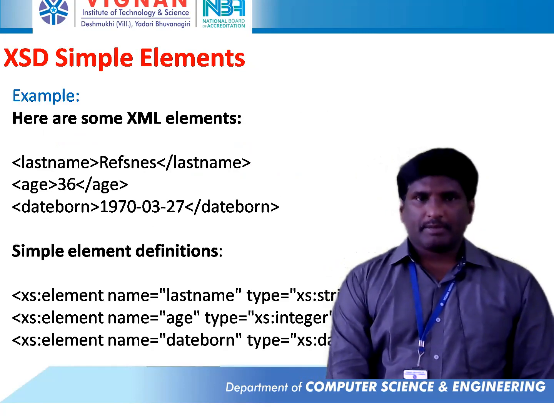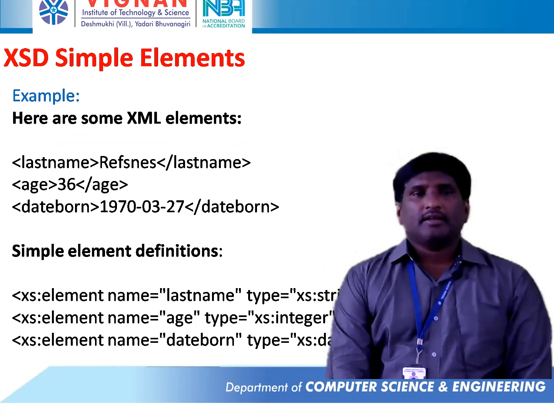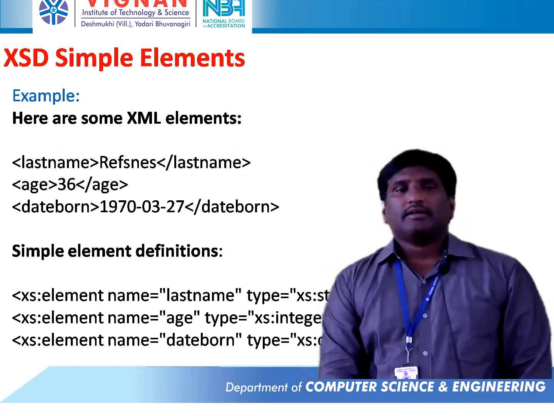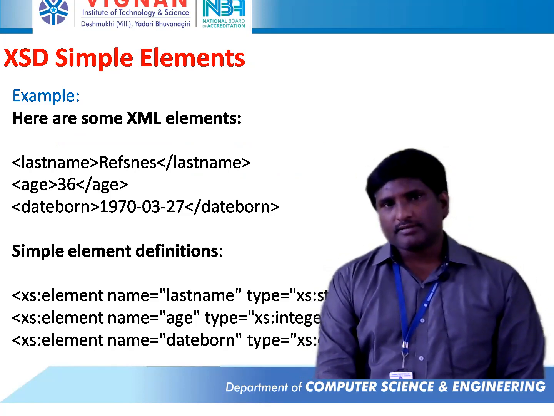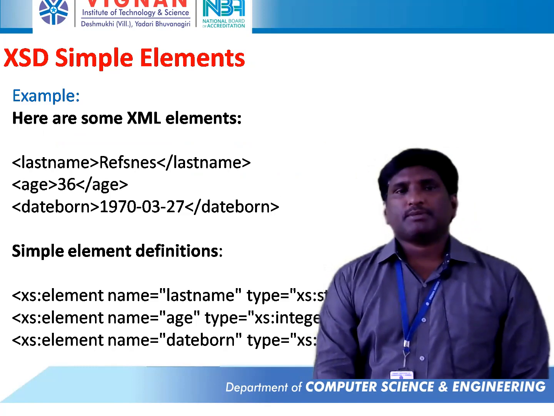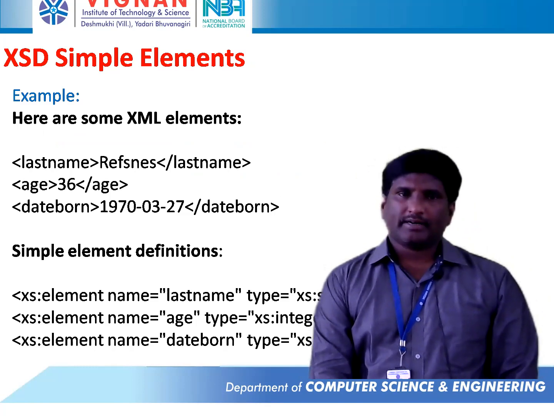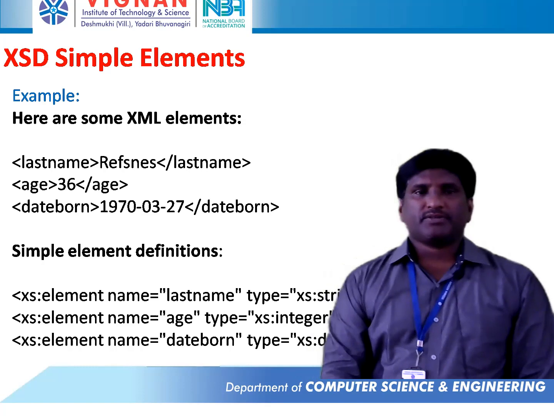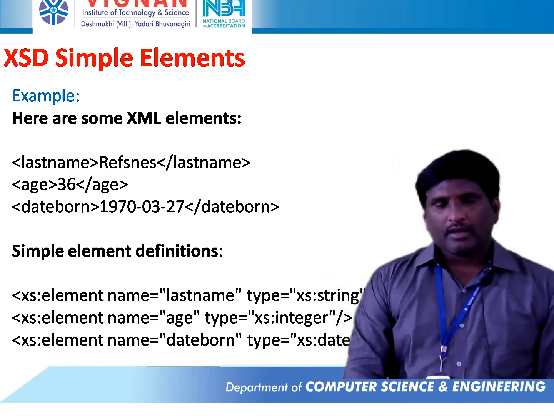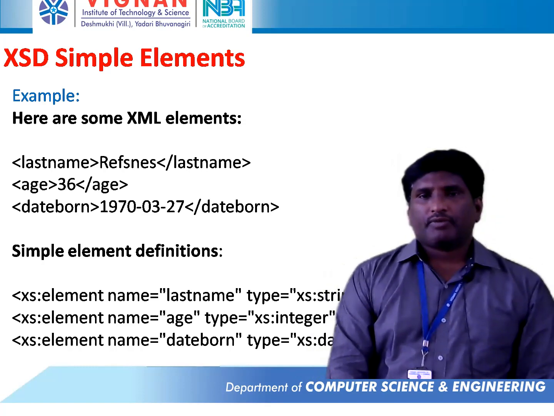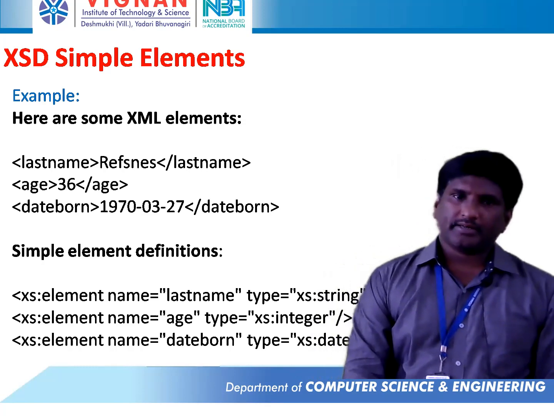Here are some examples. Here the XML elements are lastname, where we specify characters or text; age, where we specify numbers; and dateborn, where we specify a date.